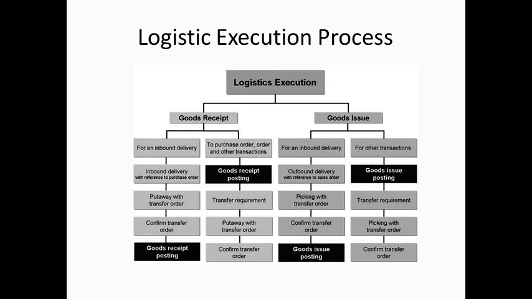Then with respect to the transfer requirement, we create a transfer order. Whenever we put stock into any warehouse stock, we call it a put away. Then the transfer order is confirmed.